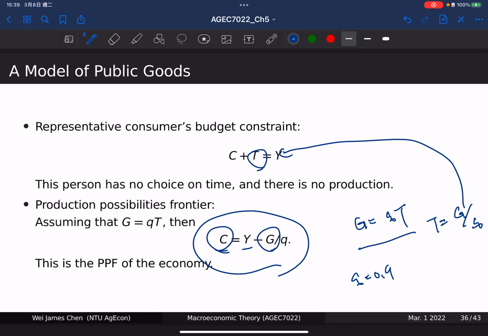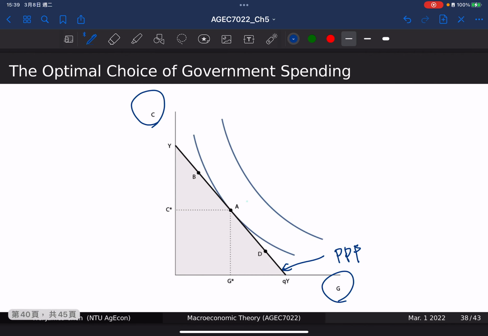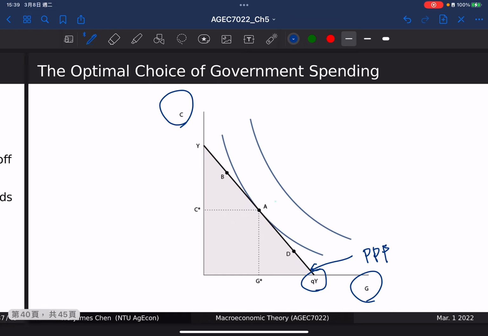And if it's a relationship between C and G, it should be clear that C equals Y minus (1 over Q) times G. So this is the slope, and this is also a linear curve. You'll see that this is QY when C is 0.